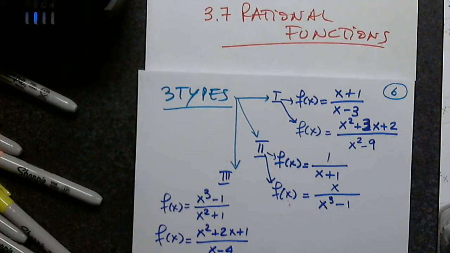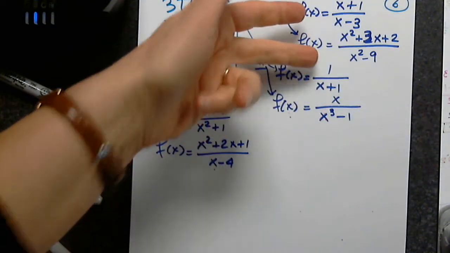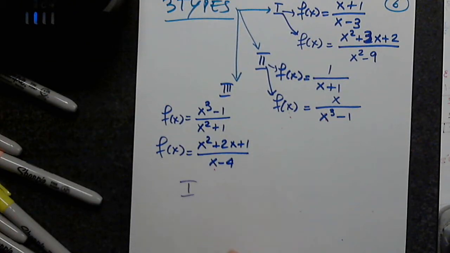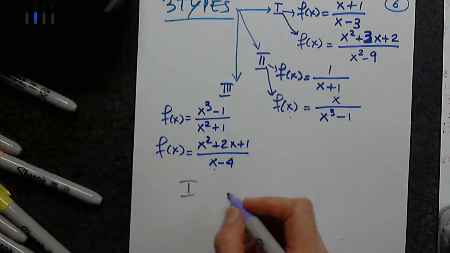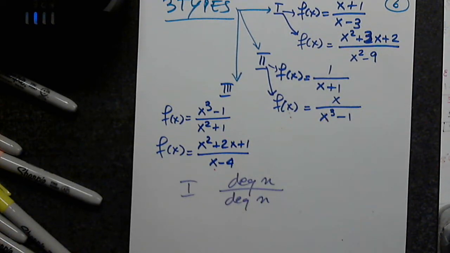Good. So let's look at type 1. Can anyone say what type 1 does, by comparison of top and bottom? Excellent. Degree n over degree n. Type 1 requires both top and bottom to have the same degree.